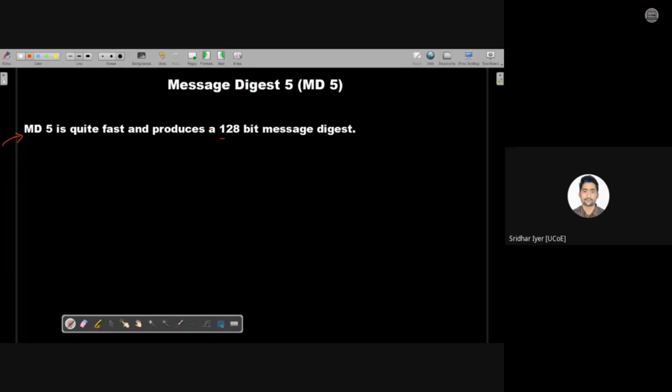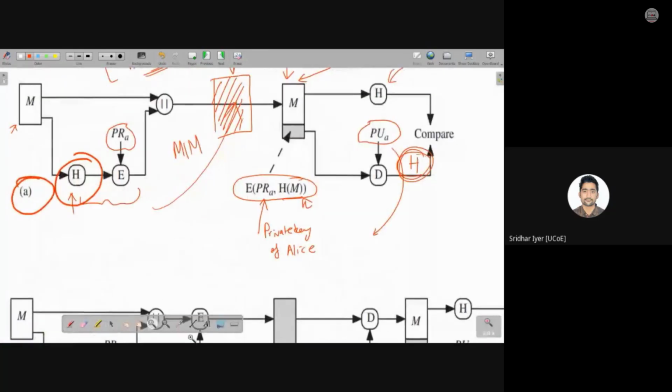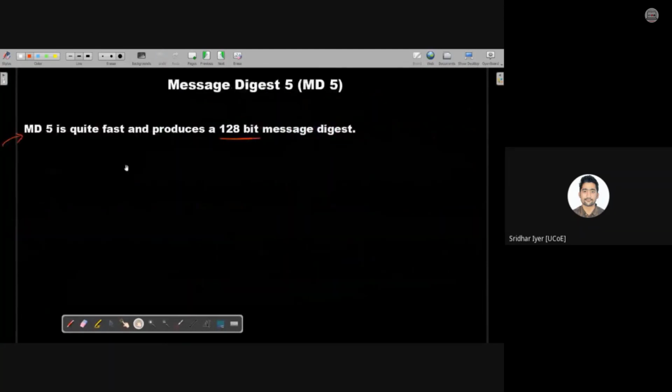So now the things are going to get interesting. If you see over here in the previous diagrams, whenever I had mentioned H, it simply stands for a hash value, right? But I had not mentioned which hash algorithm I have been using for it. So now we are going to start with the hash algorithms, where we will actually be talking about the H box.